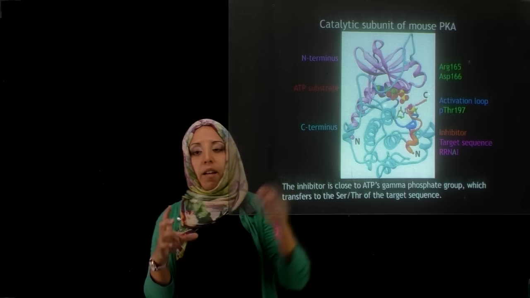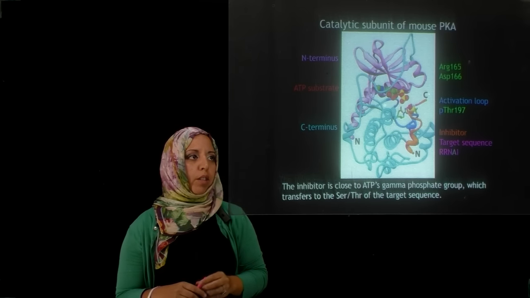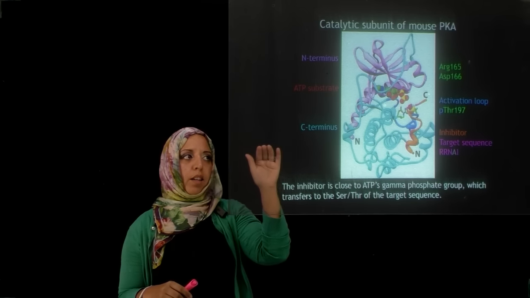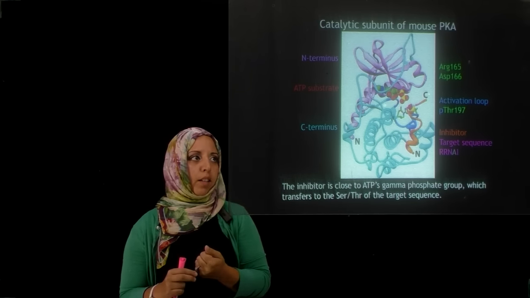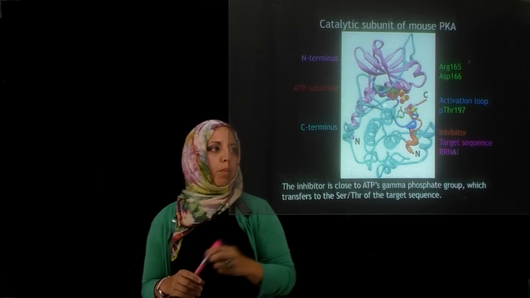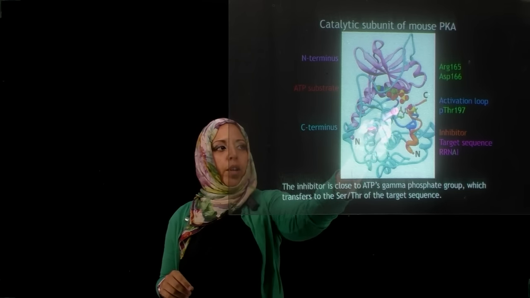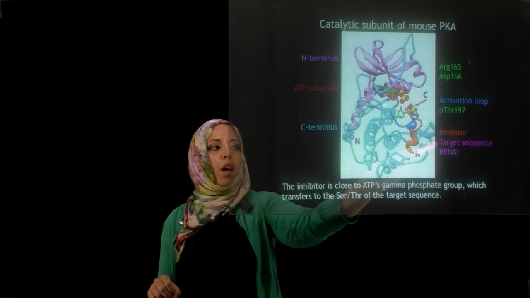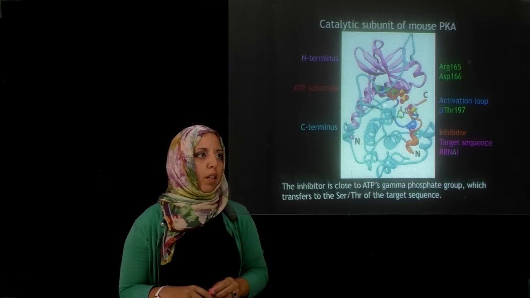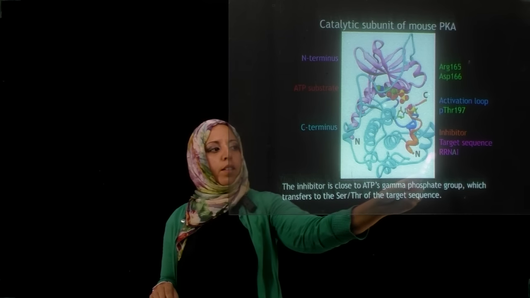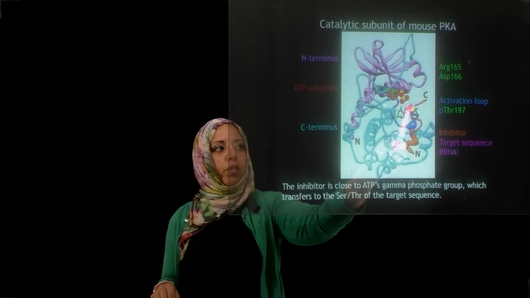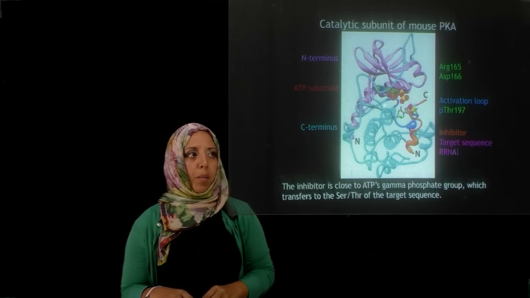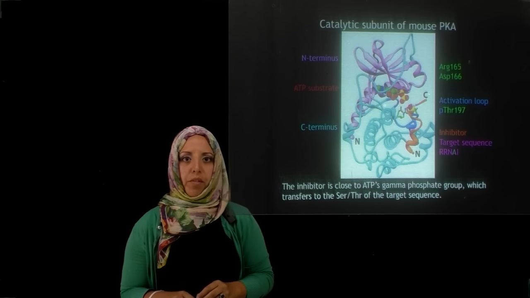And that has a phosphorylated threonine residue. And nearby the active site is an arginine residue that stabilizes those charges from the phosphate. And there is also an aspartic acid residue that is essential for the activation of the target protein. Right? So if you notice, that sequence within the target protein is close to the gamma phosphate group of ATP.